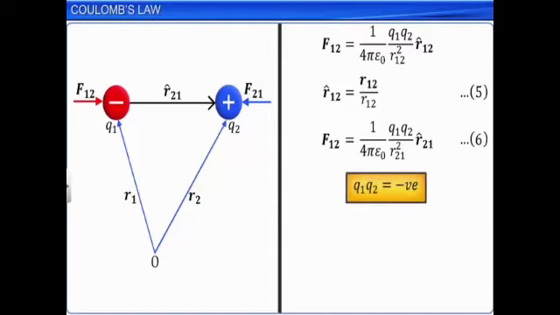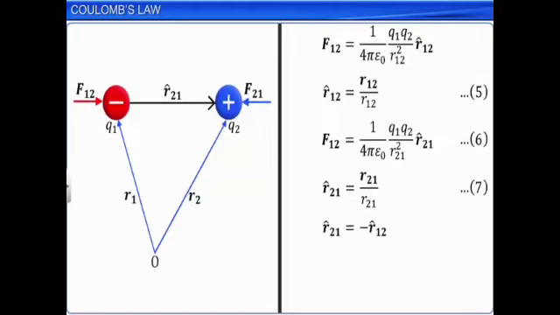The unit vector R21 cap is given by equation 7. According to Newton's third law, Q2 experiences an equal and opposite electrostatic force to the one experienced by Q1. Therefore, we can write F21 is equal to minus F12.